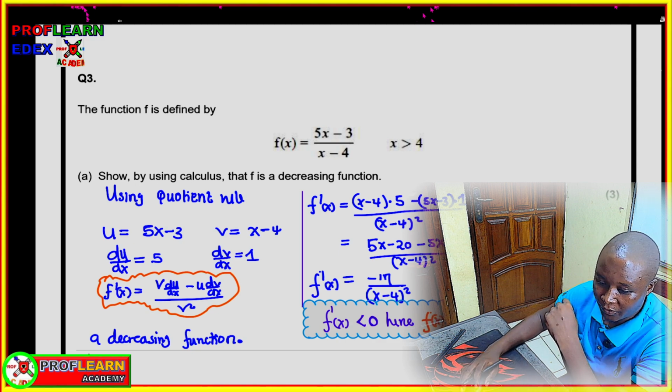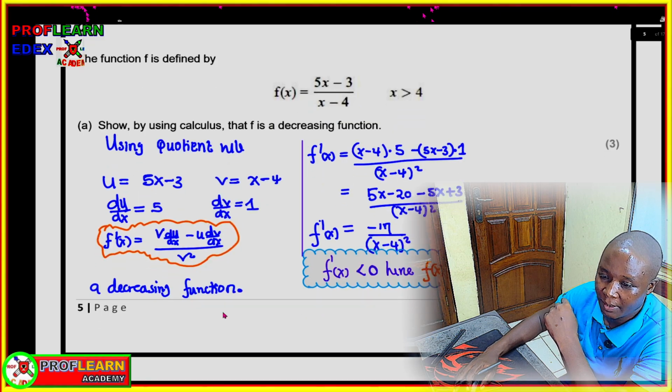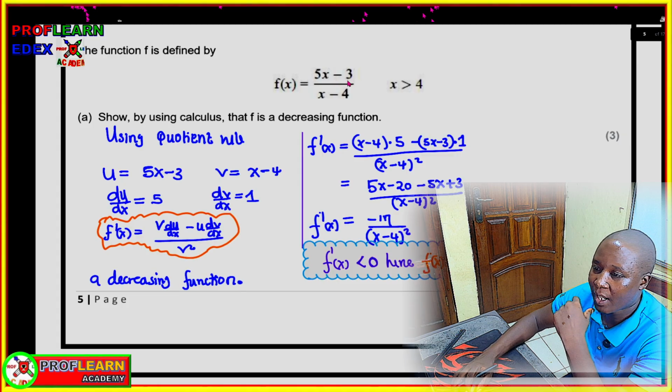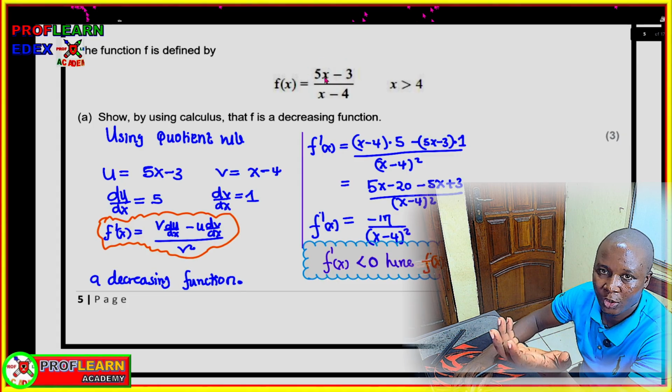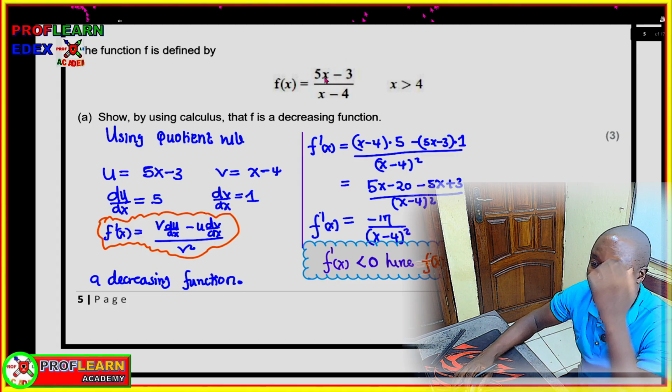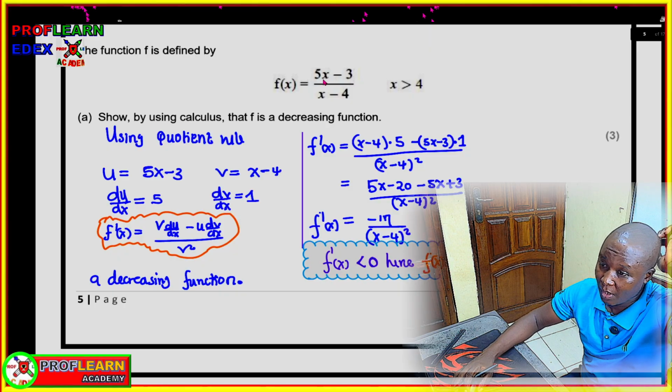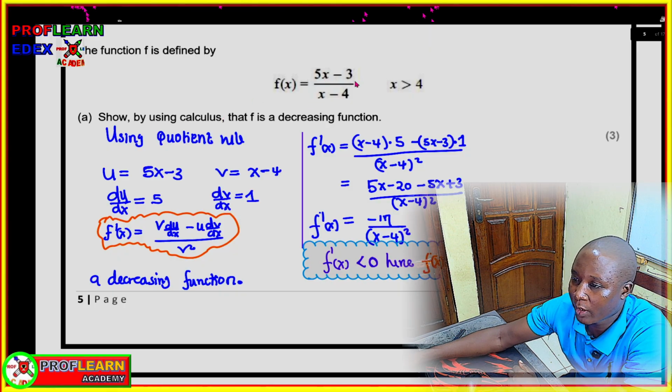At this point, I just need to make you understand that whenever you have this kind of expression as a fraction, for you to differentiate, you are going to use the quotient rule. Under the quotient rule, we assign the top term u, and the bottom term we assign as v.